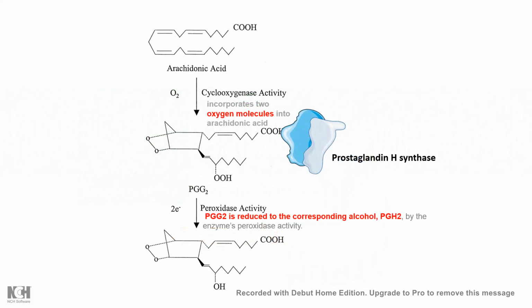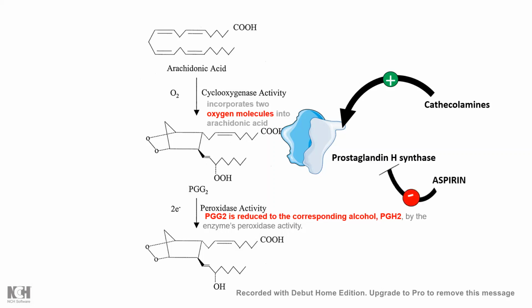We also remember another important enzyme in the prostaglandin synthesis pathway, prostaglandin H synthase. Its activity is triggered by catecholamines, whereas it is inhibited by compounds like methyl salicylate and many similar compounds like aspirin.